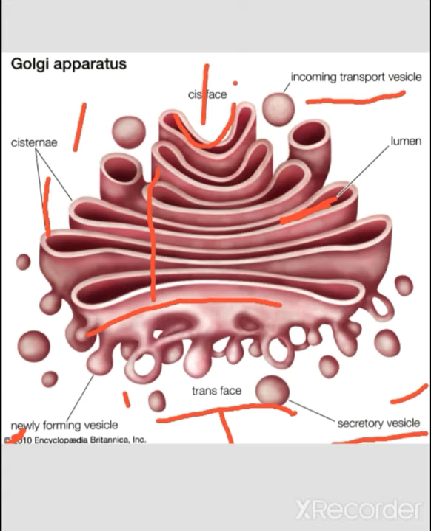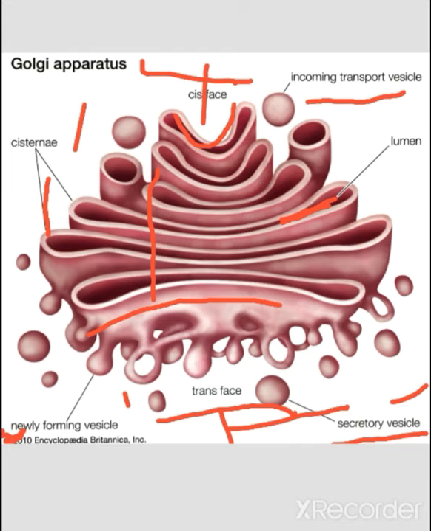Materials to be packed in the form of vesicles from the ER fuse with the cis face of the Golgi apparatus and move toward the maturing face. Here this is the maturing face and this is the forming face, as I told you. In the last video we saw that the endoplasmic reticulum is the major site of synthesis of proteins and lipids. Here in the endoplasmic reticulum, synthesis, modification and transportation occur.